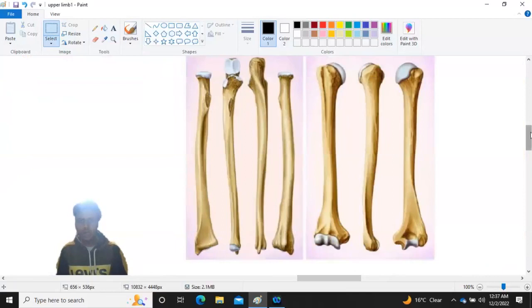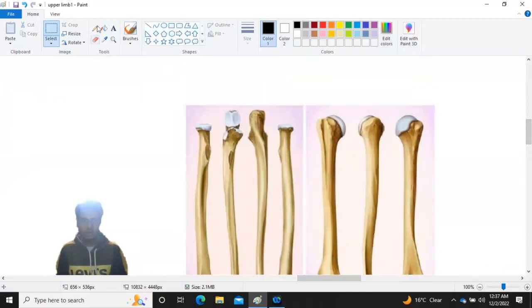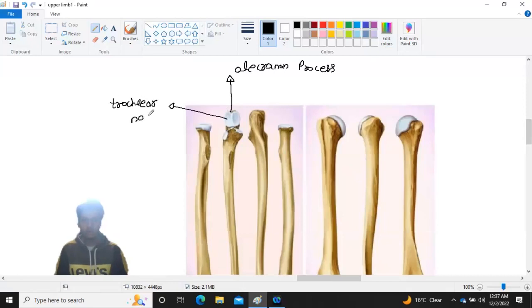These are the parts of the ulna bone. This is the olecranon process, this is the trochlear notch, and this is the coronoid process. Coronoid process.